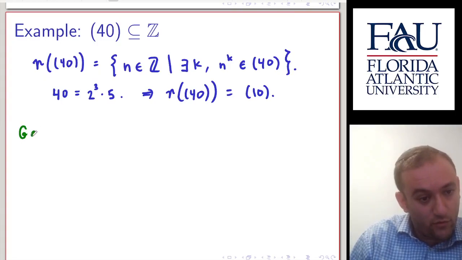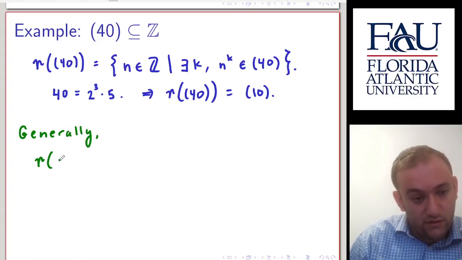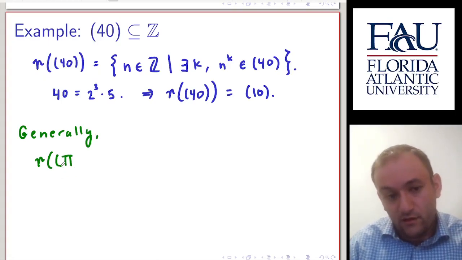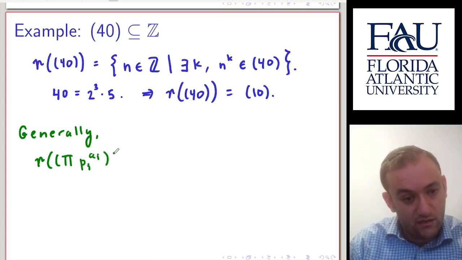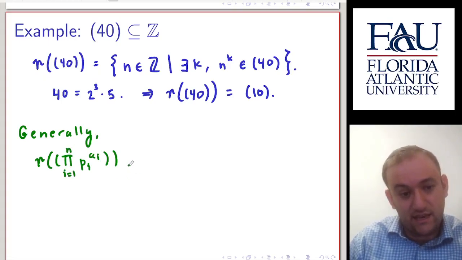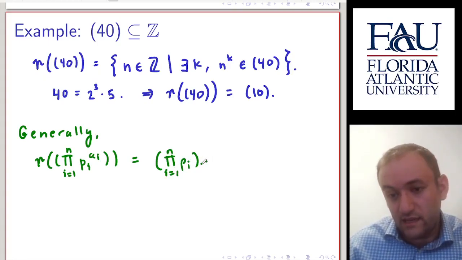Generally, for the ring of integers, if you have the radical of an ideal generated by a number which can be factored as the product of p_i to the a_i, where i goes from 1 to n, let's say, then the radical will just be the ideal generated by the product of the p_i's, setting aside the powers.